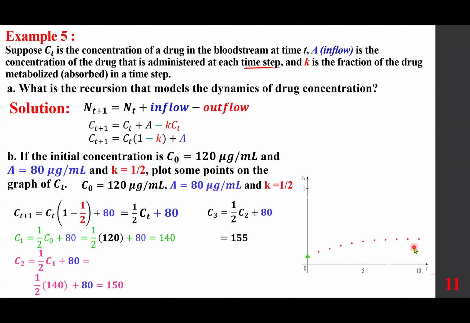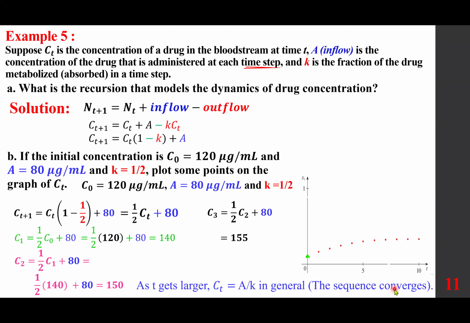Now, what is interesting is that, yes, it's getting larger and larger, but does this continue indefinitely? Because if it does, it might be more harmful than helpful as far as the patient is concerned. And the answer is no. As t gets larger, as we go to infinity, C sub t becomes A over K in general.